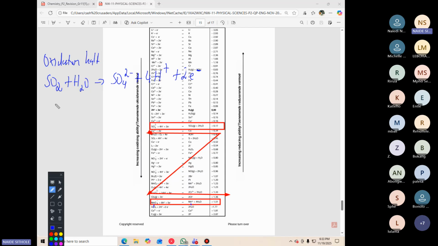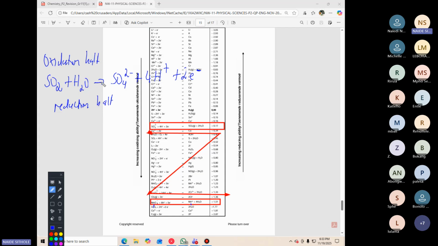Right. And then if we were to write the reduction half, then we would have to write this one. But our question was asking us for the oxidation half, so we keep it at the oxidation half. Write this one, don't write the other one. And again, see the arrow that I'm using.